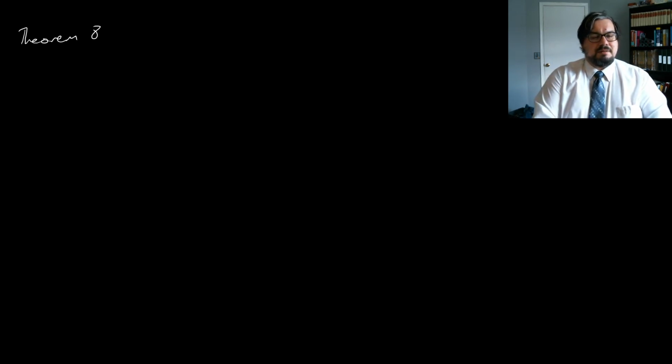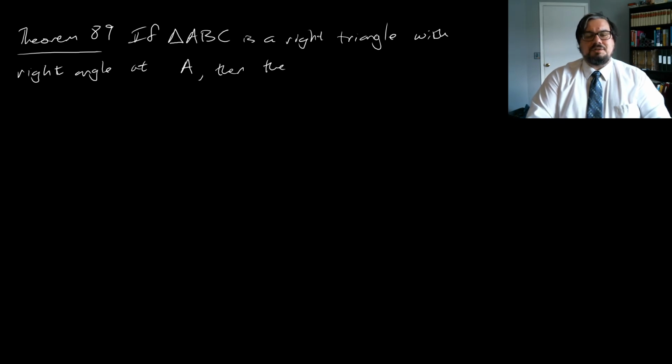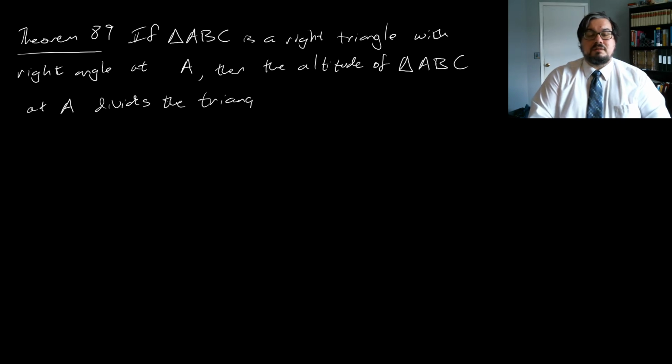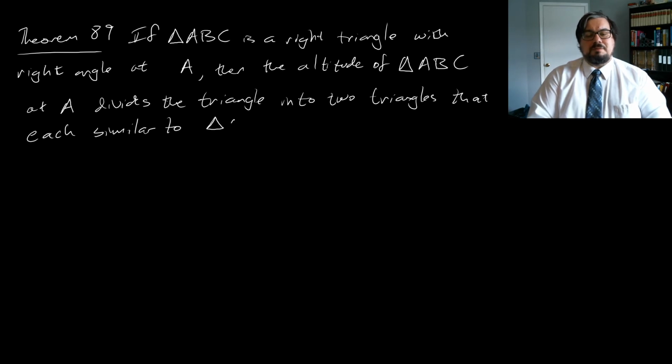So this is Theorem 89, and it says, if triangle ABC is a right triangle with a right angle at A, then the altitude of the triangle ABC at A divides the triangle into two triangles that are each similar to the original, or each similar to triangle ABC.